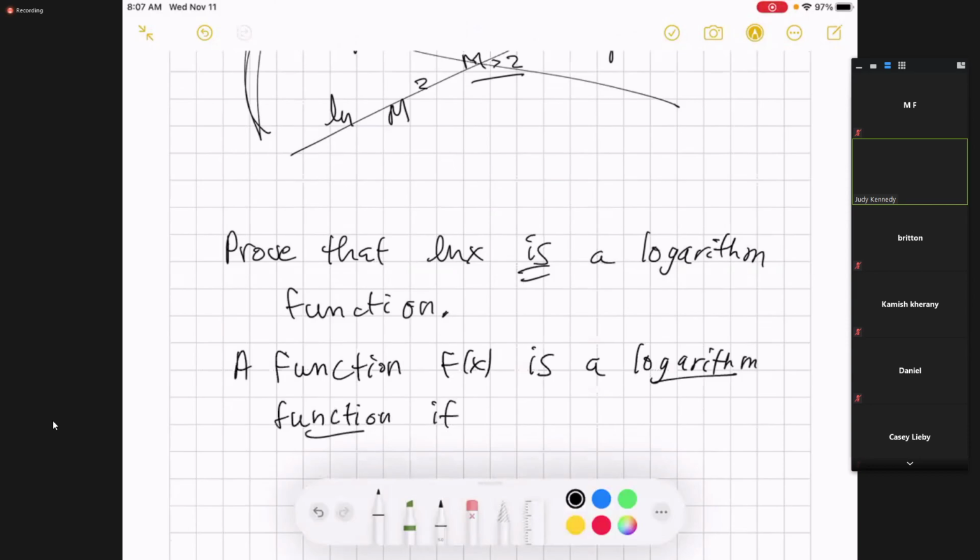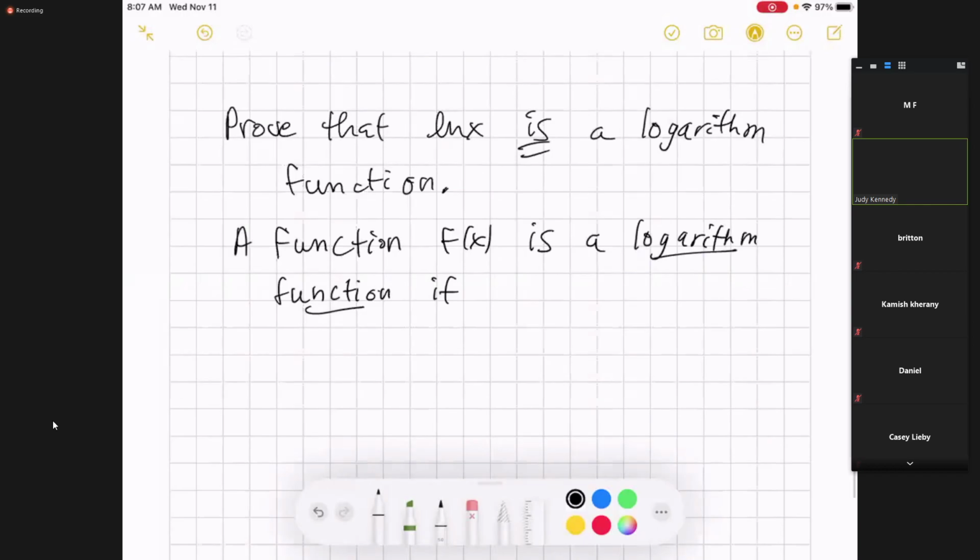The domain of f is the positive numbers, and that's true about our function.